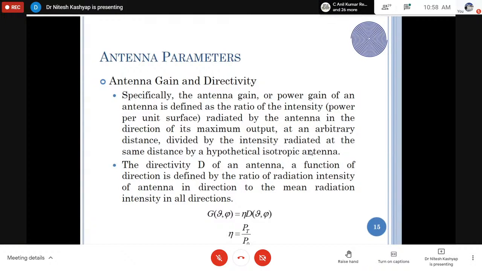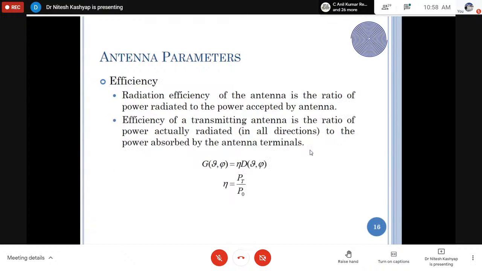So the radiation efficiency of the antenna is the ratio of power radiated to the power accepted by the antenna.